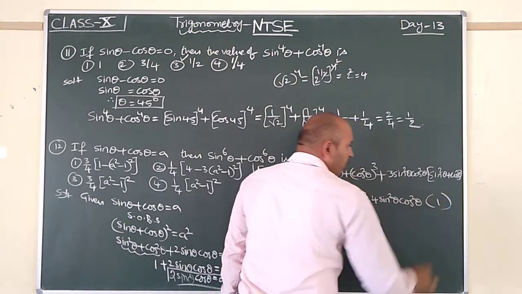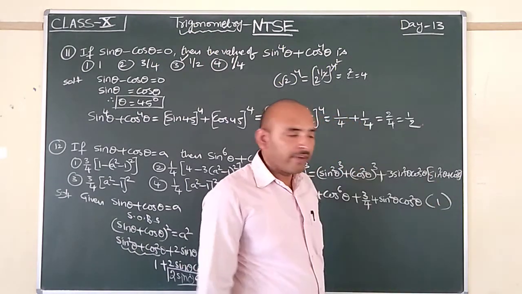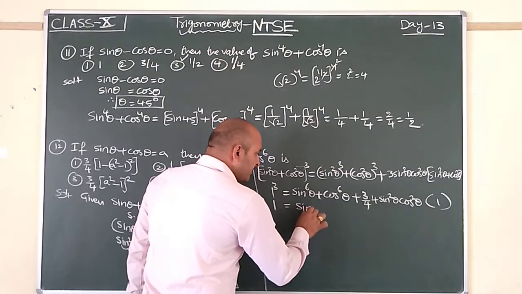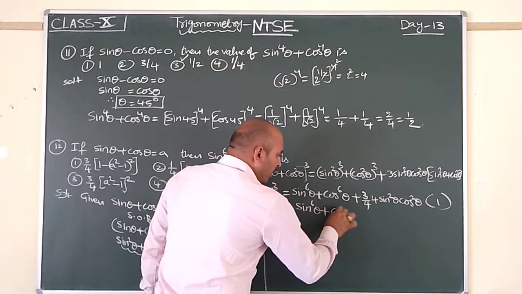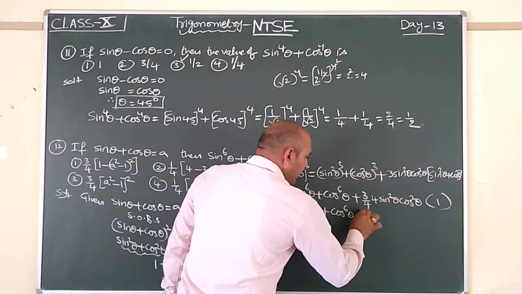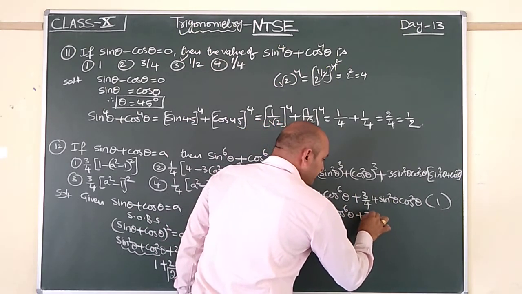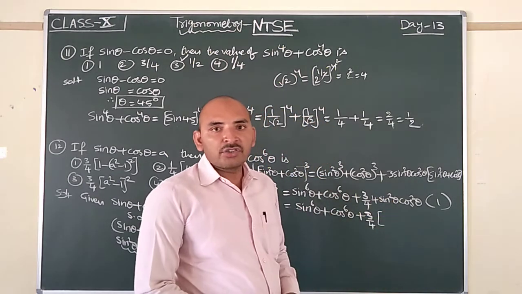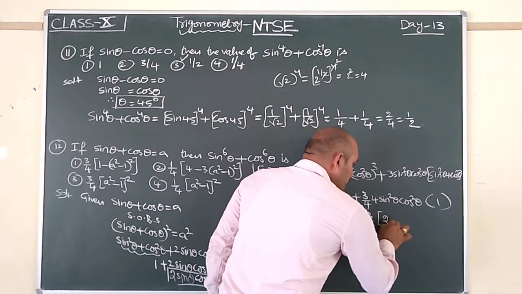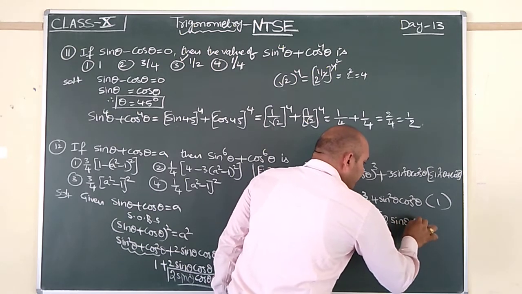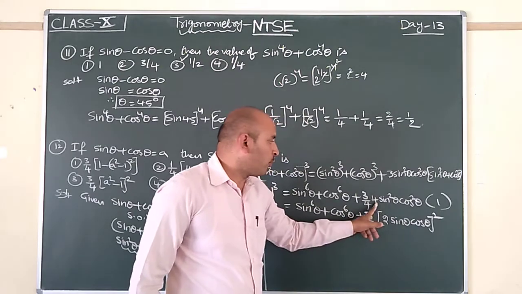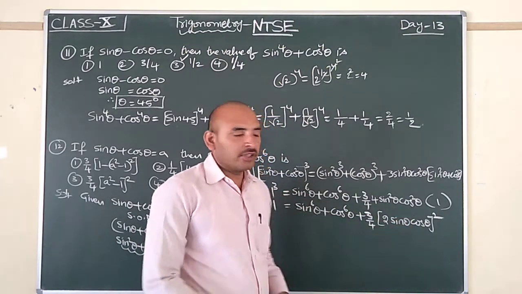Sin square theta plus cos square theta value is 1. So 1 is equal to sin power 6 theta plus cos power 6 theta plus 3 by 4 into 4 sin square theta cos square theta. How can you write this? 2 sin theta cos theta whole square, 2 square value 4 sin square theta cos square theta.